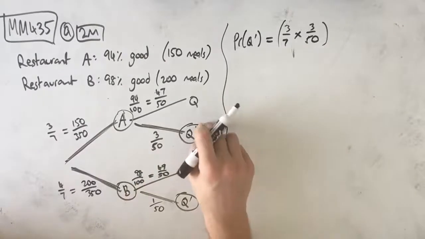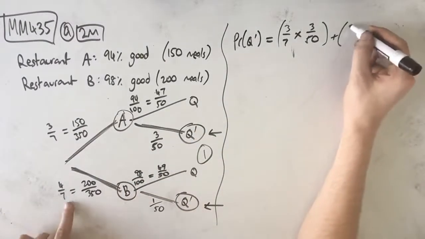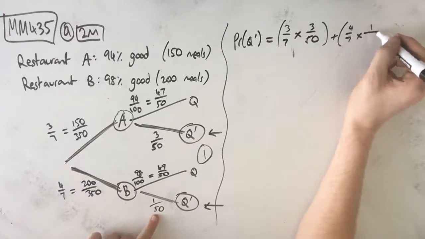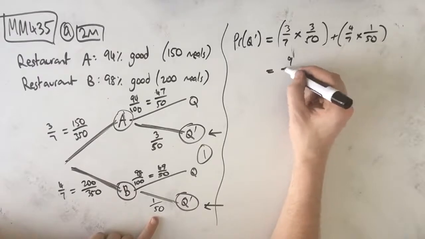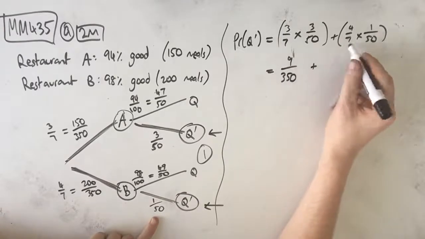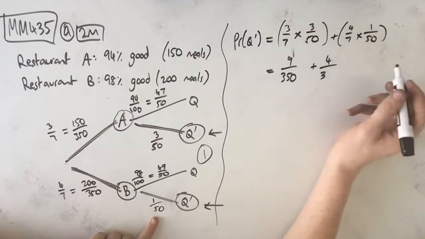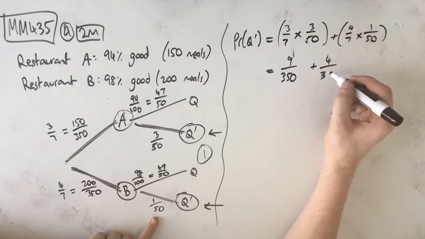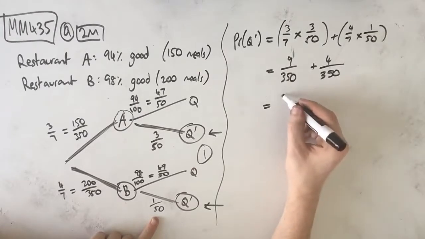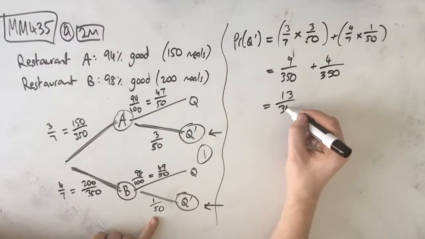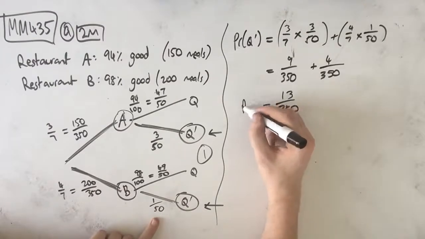That's the probability that she didn't get a quality meal at A. The probability that she didn't get a quality meal at B is 4 on 7 times 1 on 50, right? So then we get 9 on 350 plus 4 on 350. Awesome. Which is 13 on 350. Sweet. Now that is actually our final answer.